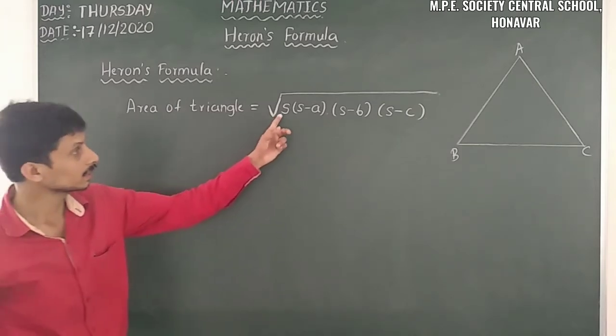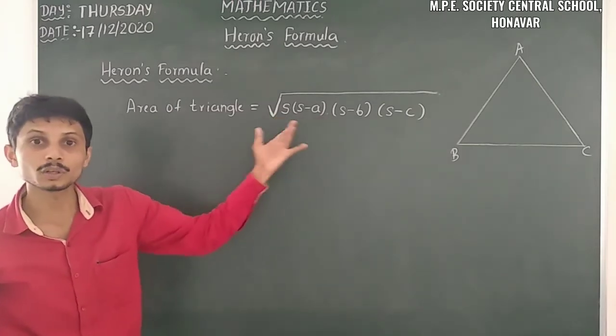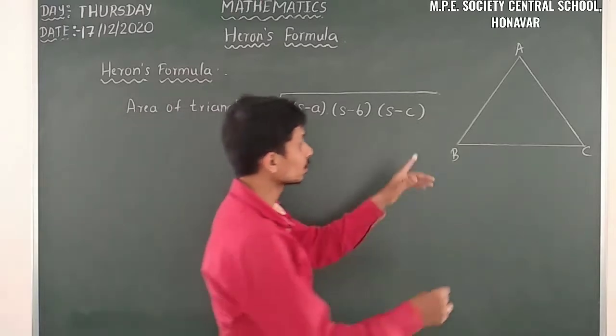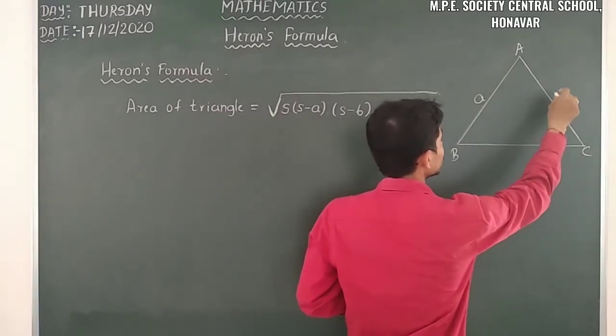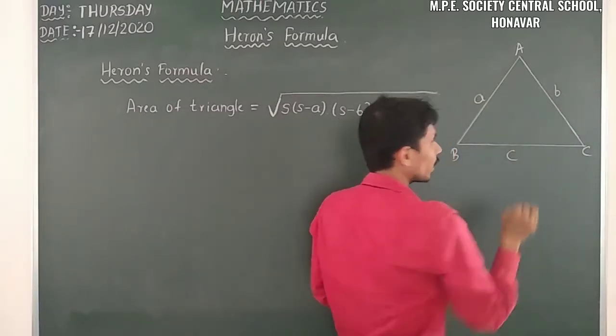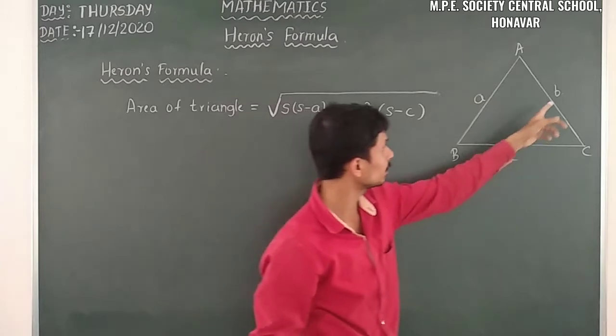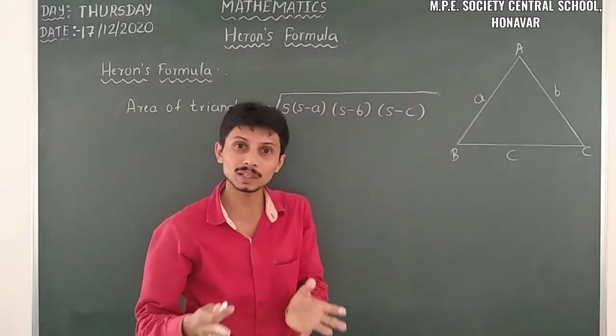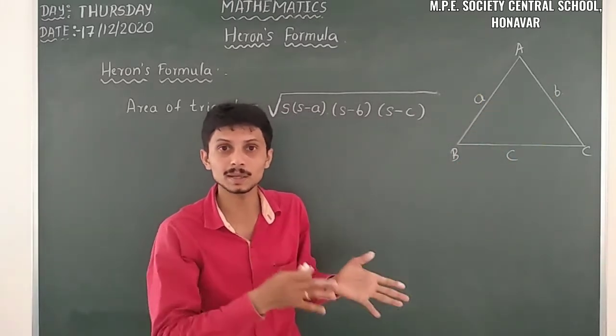So here we have s, a, b, c. a, b, c are nothing but the sides of a triangle. You can take whatever measurement as a, b, c.